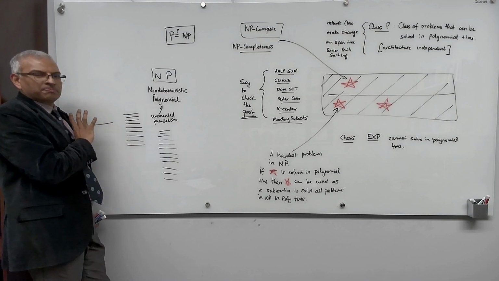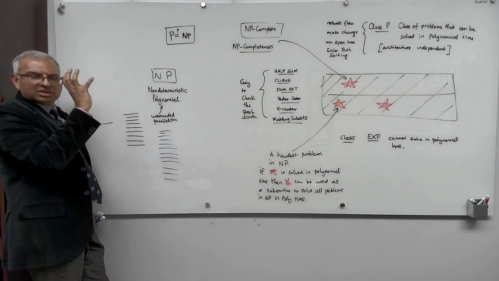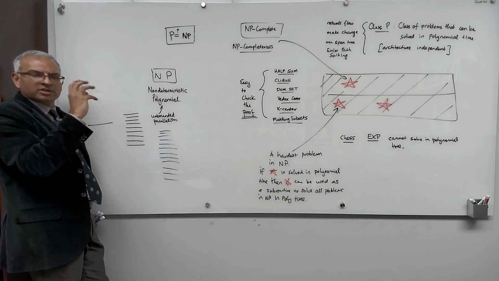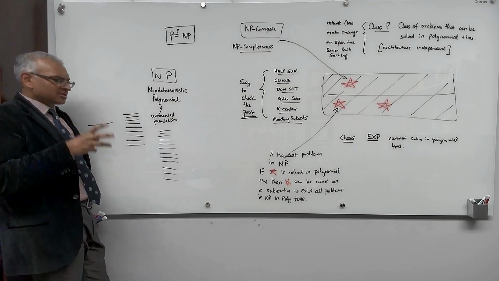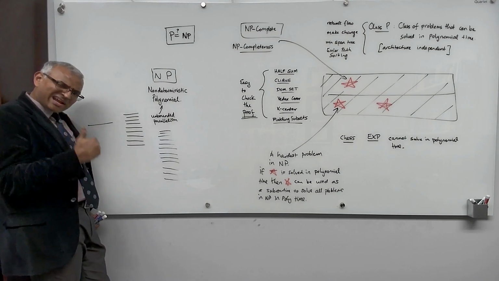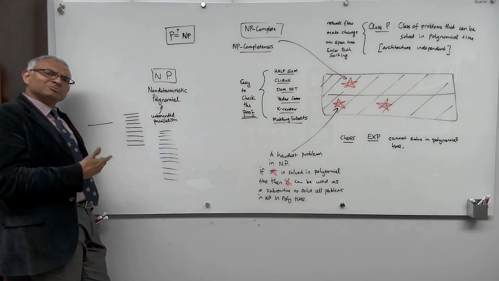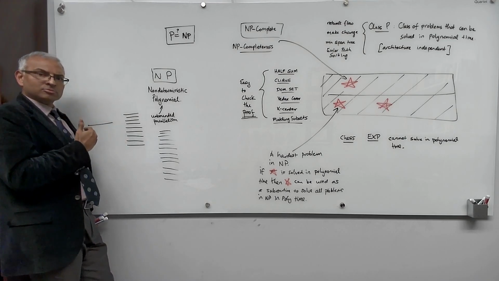And the definition of a polynomial algorithm, or the definition of a polynomial running time for a Turing machine, does not specifically determine or depend on the specific architecture, how many tapes, how many heads, and so on and so forth. Now, in practice, yes, we do care about the difference between n to the sixth and n cubed.